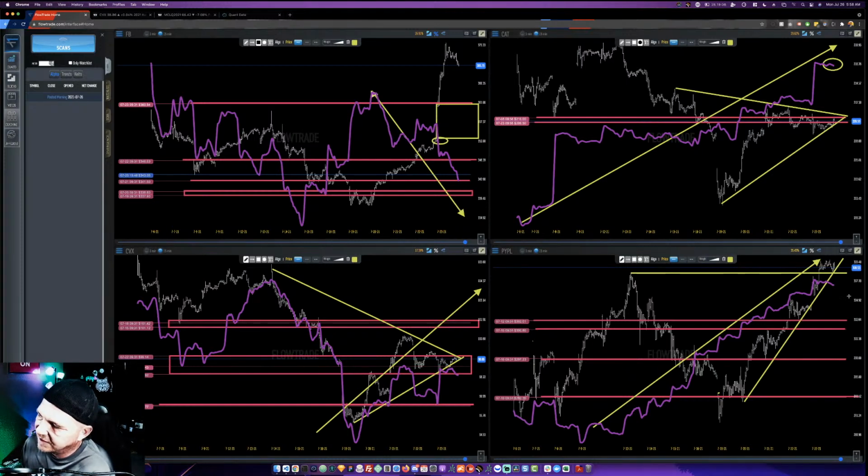So while it looks like the algo's pulling back a little bit, I can't tell. It looks like it's getting a little curly Q there. If it curls down, look for it to bring price action back down. It looks like there's a little gap right in there that needs to be filled. Pull it back down to some of these previous levels.